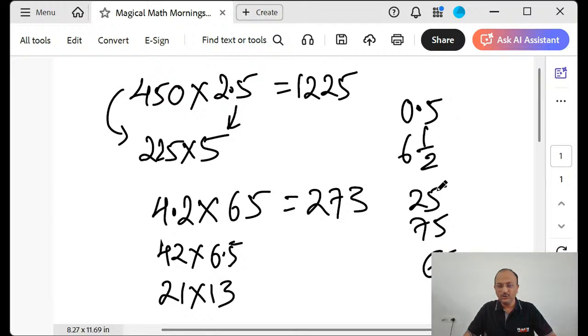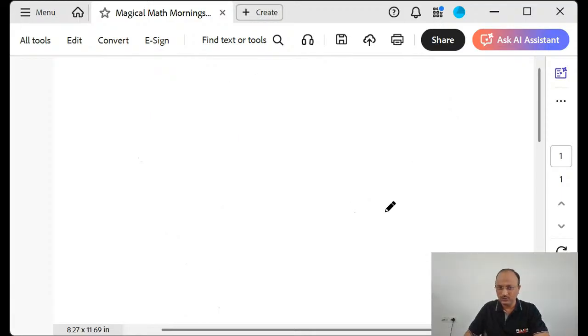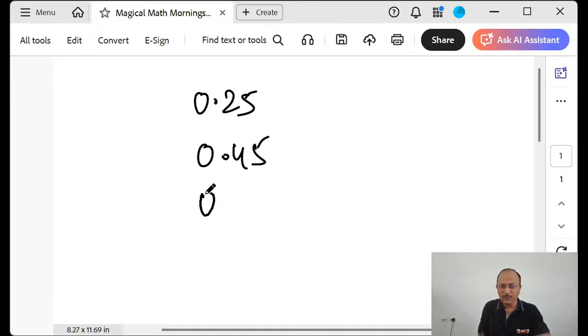Just double this. 25 double is 50, 75 double is 150, 65 double is 130. That means we are multiplying with only 13, 15 or 6 or 5. Correct? And also we can multiply the same numbers ending with 0.25 like this also. What we do? 0.25 if we take, or 0.45, 0.95. This also we can do the same thing.